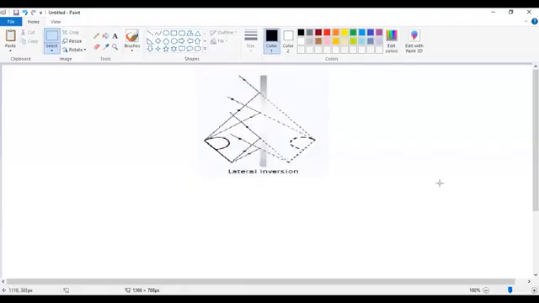In figure number 7.9, which is given on page number 151 of your physics textbook, you can see the formation of a letter as an image in a plane mirror but shown laterally inverted.